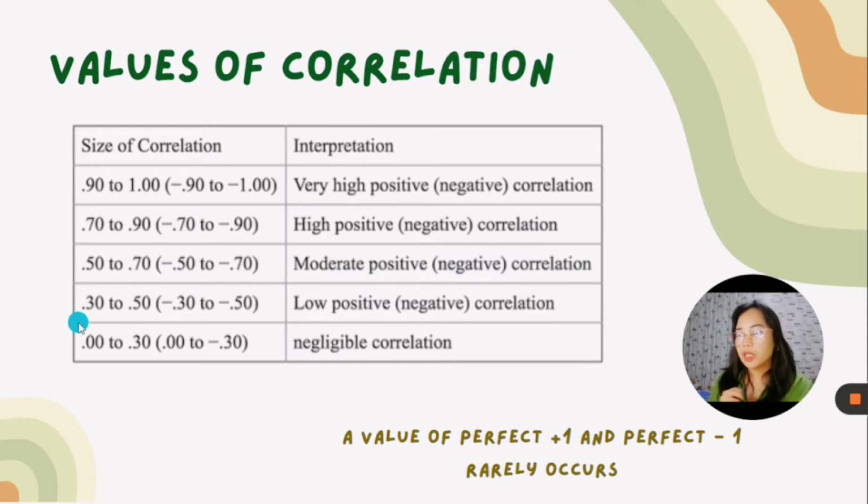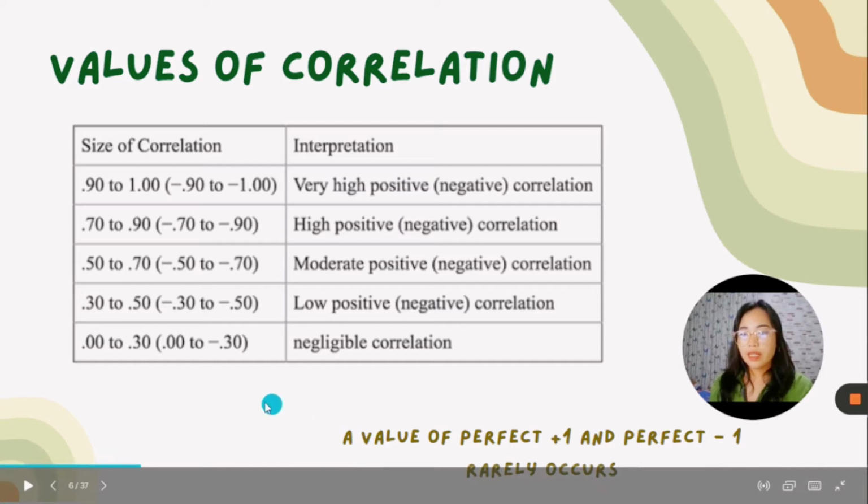If it's 0.30 to 0.50, it has low positive correlation, or if negative, low negative correlation. And if it's 0.00 to 0.30, then it is a negligible correlation. So those are the values of correlation.